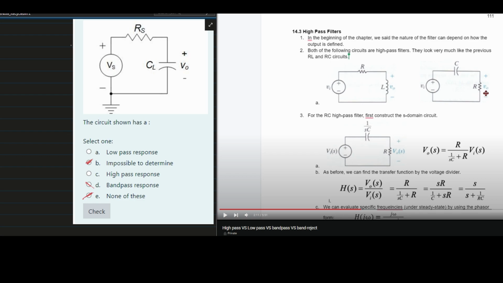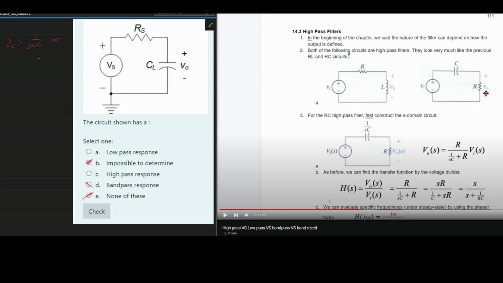Now, a way I like to look at this, and remember this, is that our capacitor, when we have a low response or low frequency, is going to act as a short, because we know that the impedance of a capacitor is 1 over j omega c. So we basically have 1 over 0, and 1 over a super small number goes to infinity.